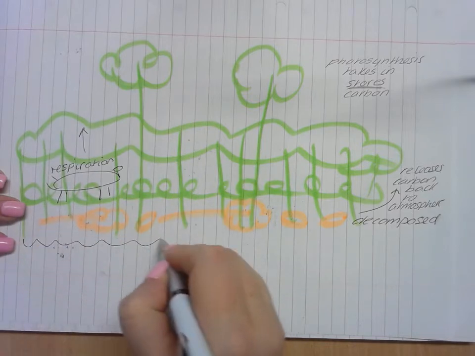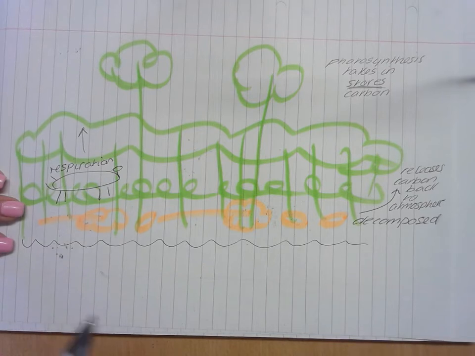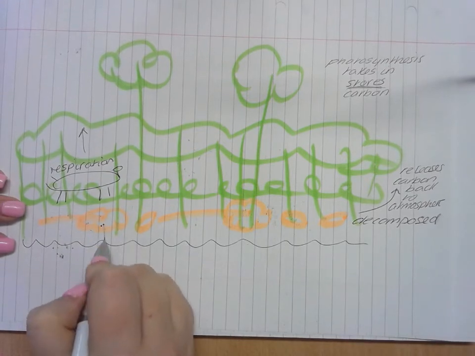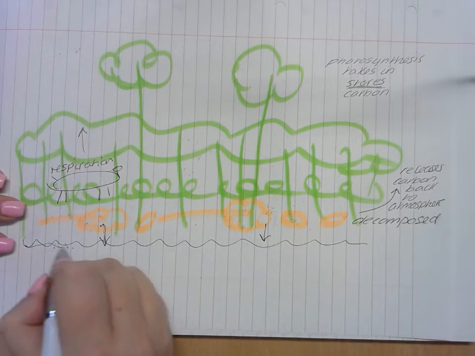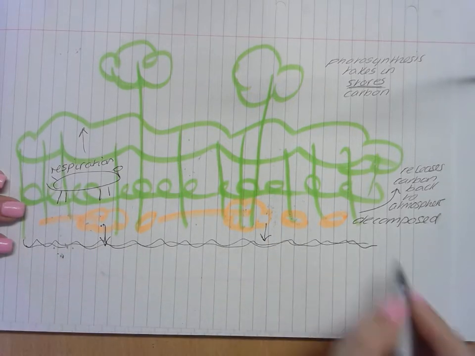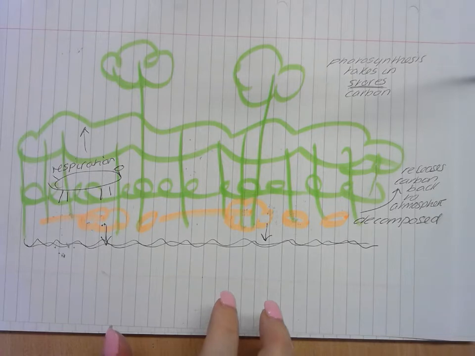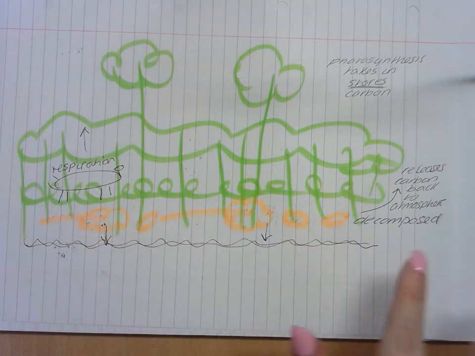The soil does also store carbon as well, because some of the carbon from these decomposers will go into the soil, so the soil will store a little bit of carbon too. But the tropical rainforest is so important as a carbon store. But then when they decompose, it's released back to the atmosphere.